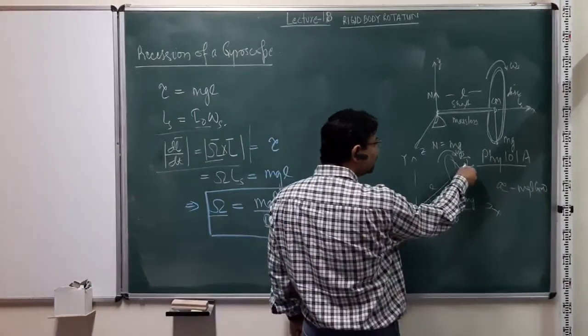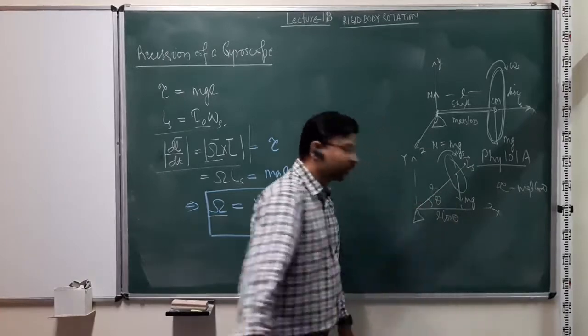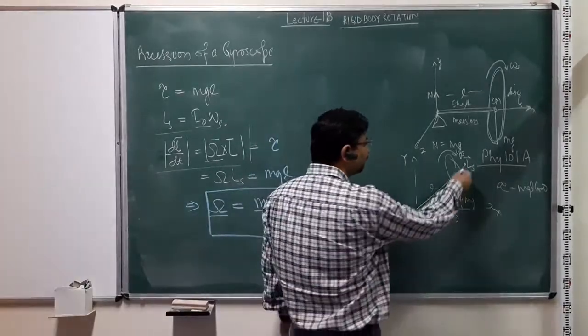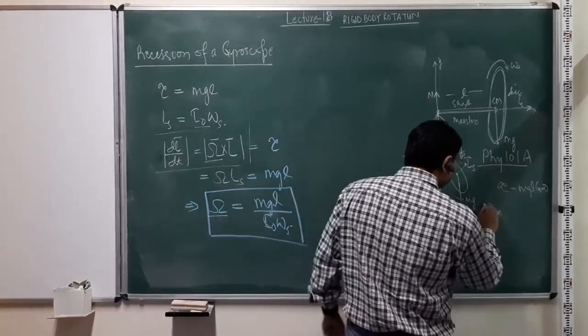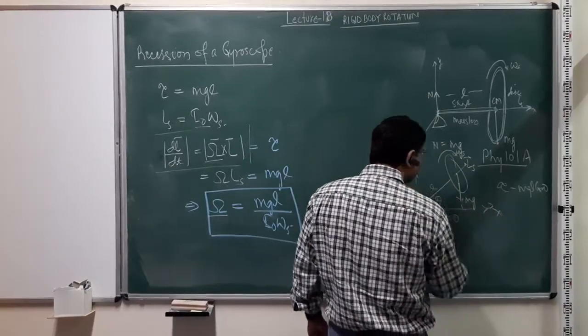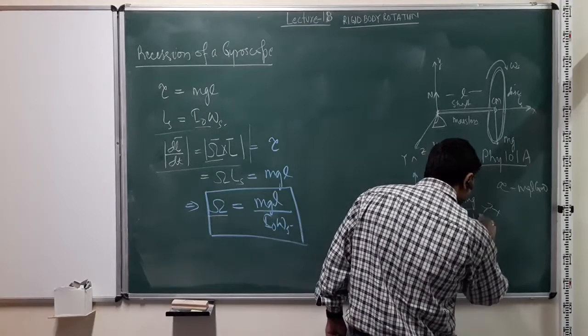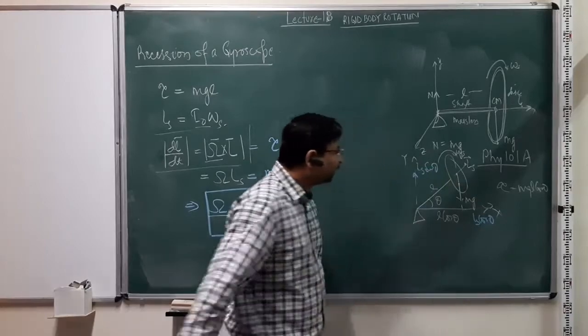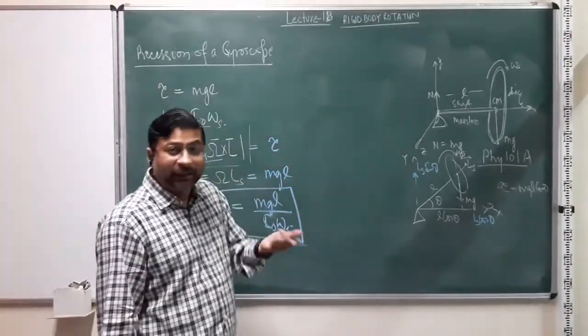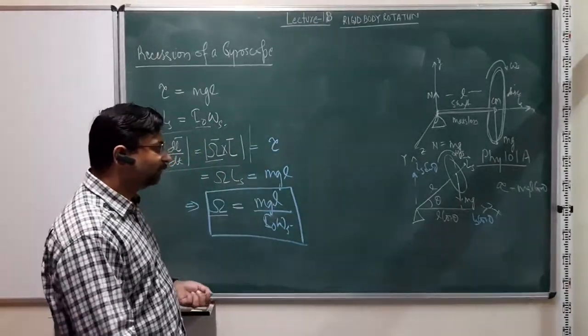Also, if you consider x and y as our coordinate directions, then Ls can be broken up into two components, Ls cos theta and Ls sin theta, along the vertical and horizontal directions, because we know that L is a vector quantity.